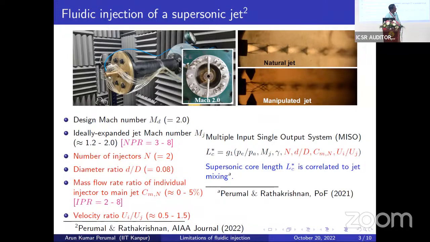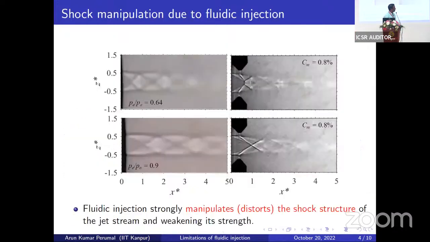This is how a typical manipulation would look on a natural jet when it is exposed to certain fluid conditions: the shock structures are going to be manipulated. We did certain images to understand what goes on in the shock structure. This is typically the control, for two different representations of images for the overexpanded cases. The fluid is being injected on both sides, a symmetric injection.